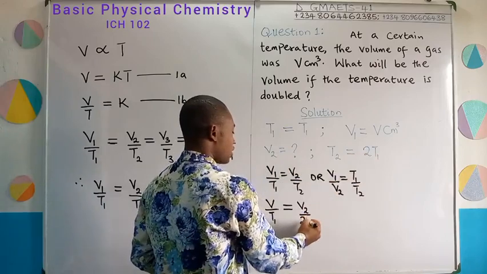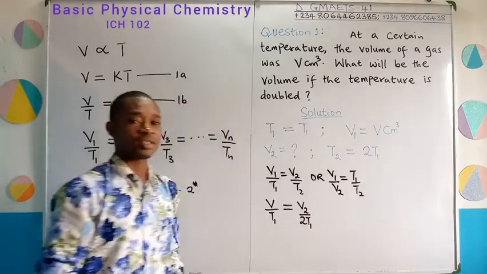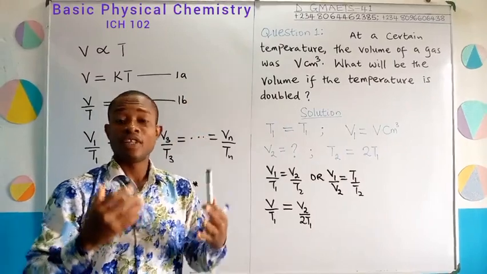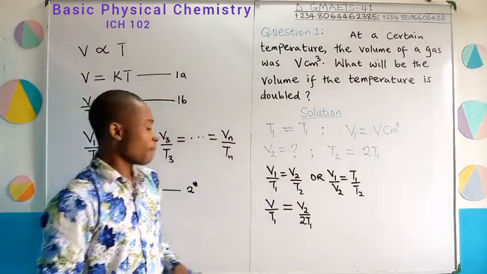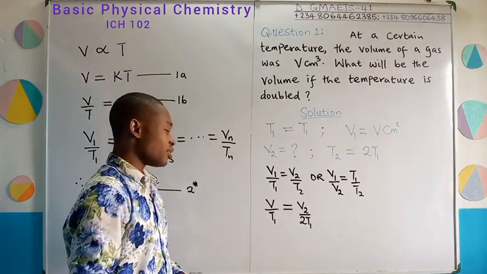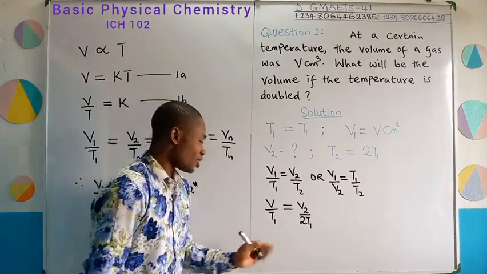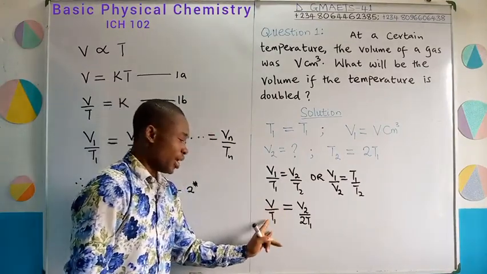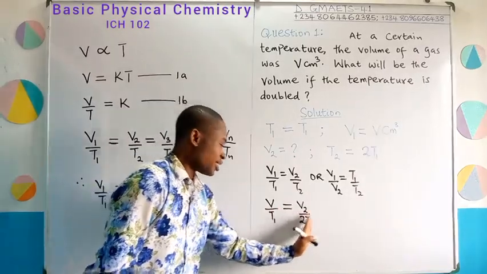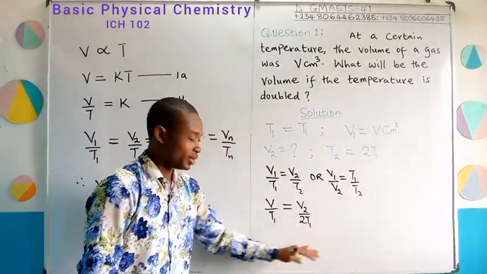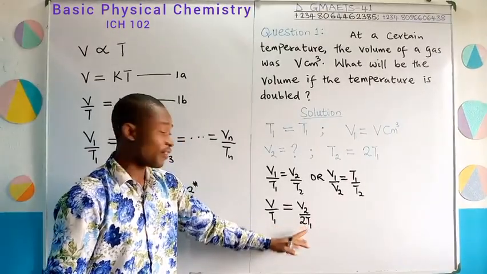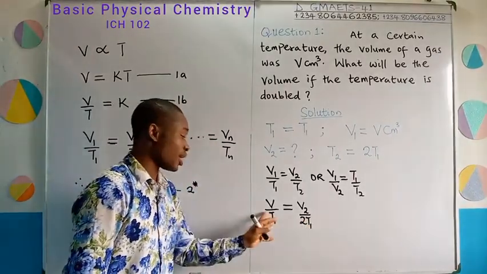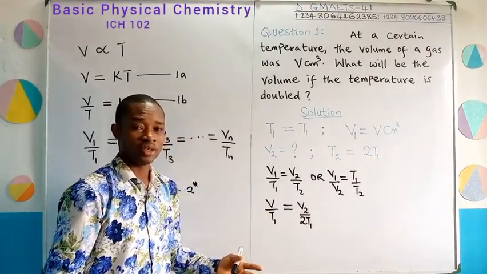T2 is twice the initial temperature, because we are told that the temperature is doubled. Having obtained this, you notice that on the left hand side we have T1, on the right hand side we have T1. The denominator here is simply multiplication, and therefore we can actually cancel T1 and T1 from this equation.